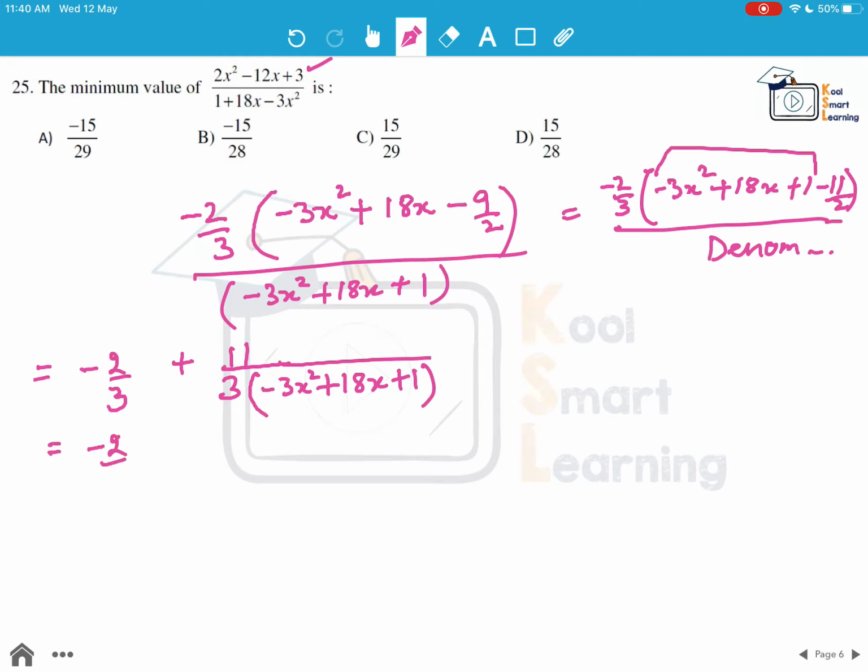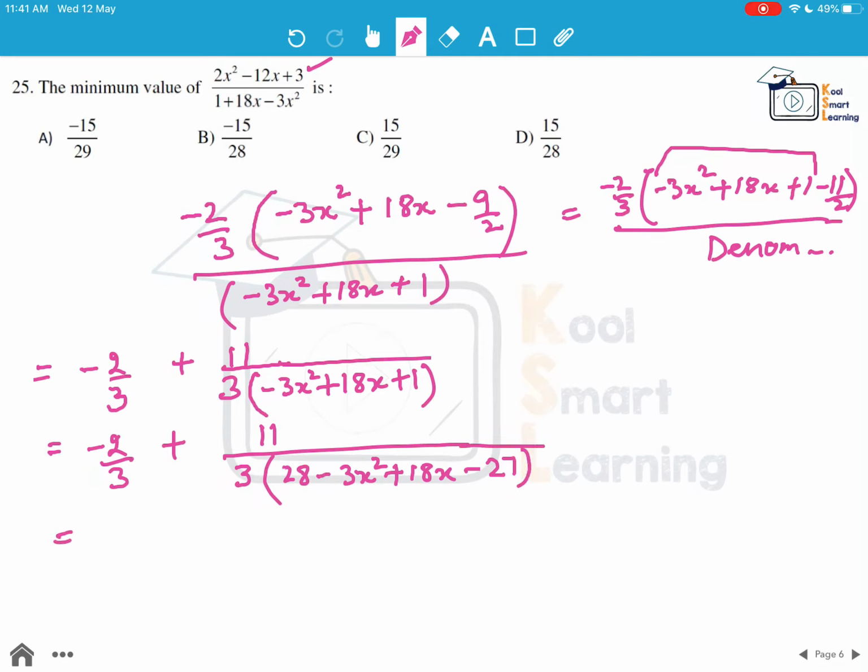Now again, for this denominator, it is not possible to directly find out what will be the minimum value. So what we do here is, we try to make it a perfect square. So we write it as 28 minus 3x square plus 18x minus 27.